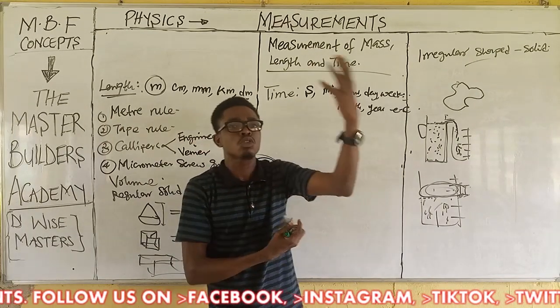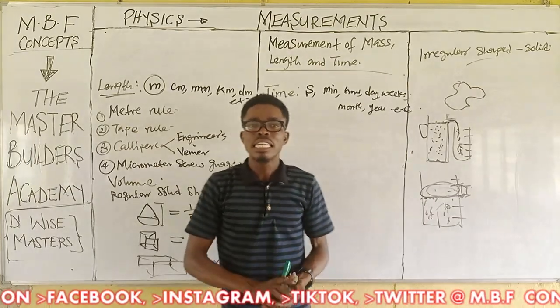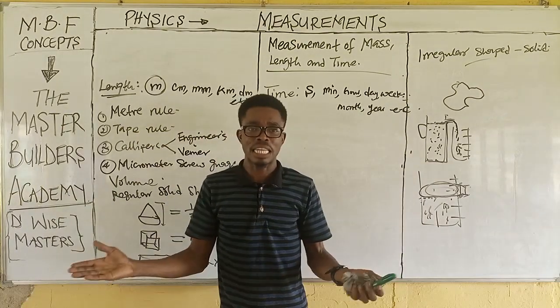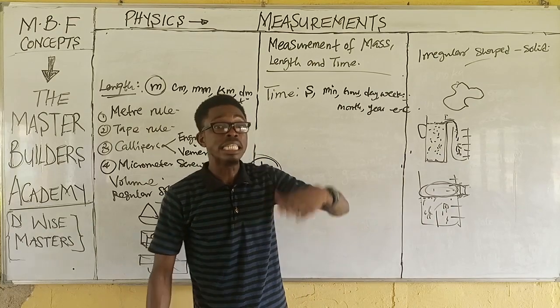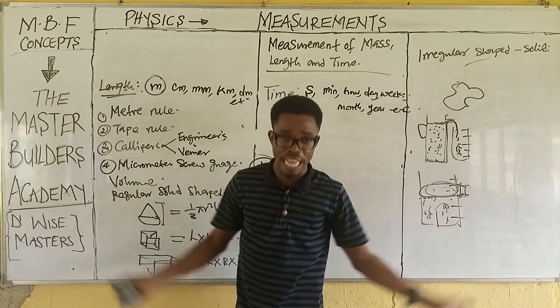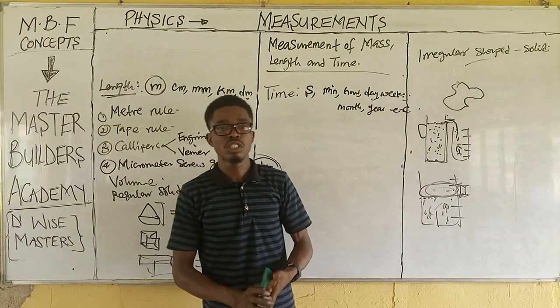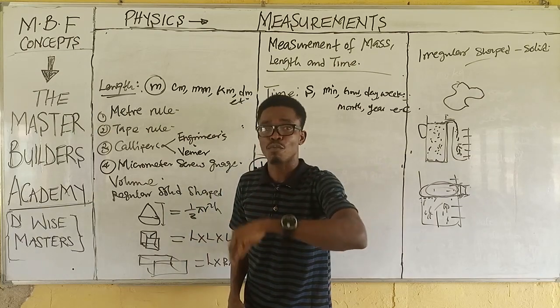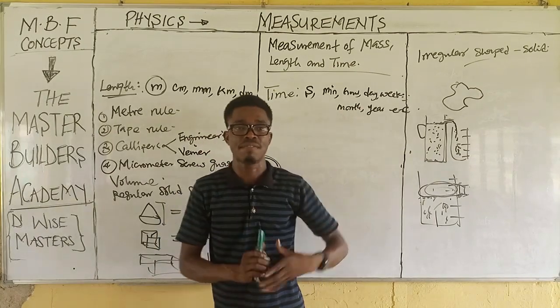So these are the apparatus that are used to measure the duration of an event. The duration between the starting point of an event and the ending point of that event is what we call time.